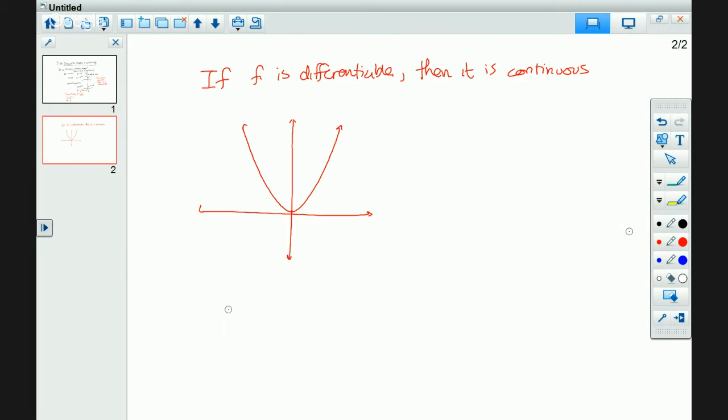There are no corners, there are no cusps, there are no discontinuities, no vertical tangent lines. Okay? It's completely differentiable. And nothing causes it to be undefined. So because it's differentiable, we know it's continuous.